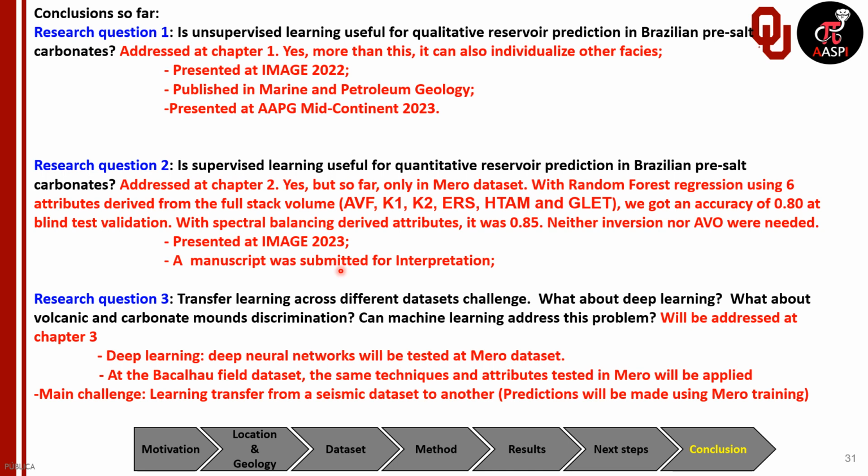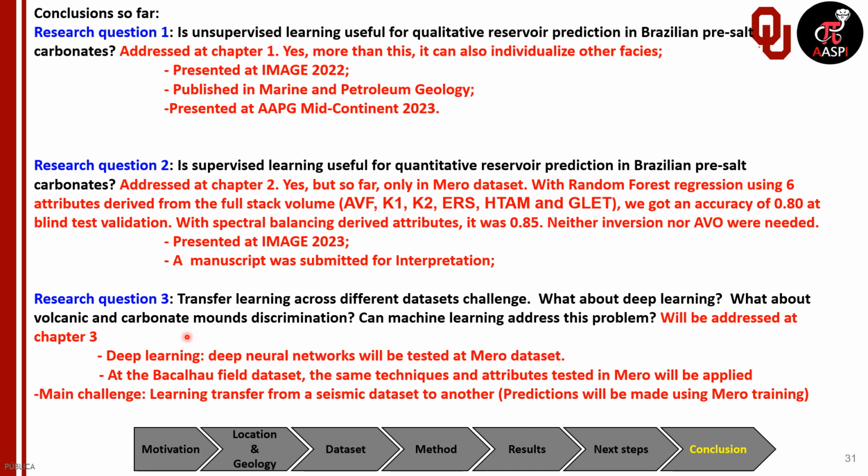And in the next research, we are going to predict the productivity at the Bacalhau field. We're working with transfer learning and deep learning, okay? And try to predict the occurrence of the volcanic mounds, and see whether or not machine learning can address this problem properly, which is the next chapter.